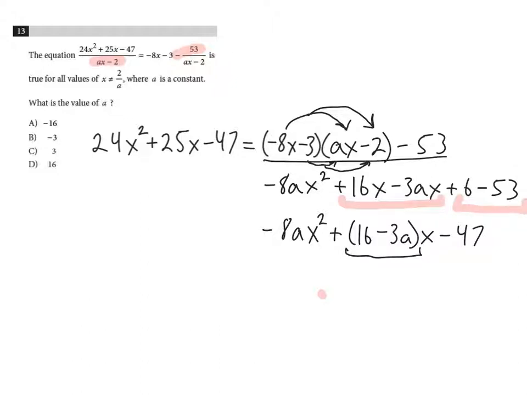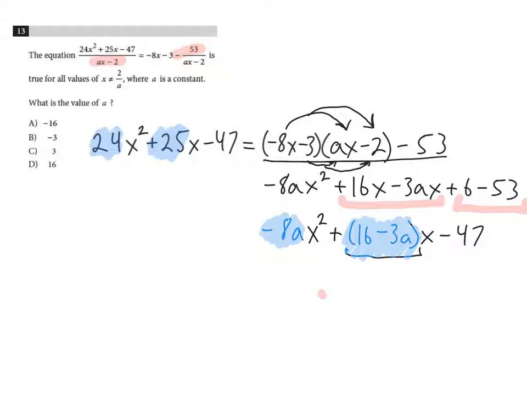Okay, so let's see. Well, now we know that, oops, did not want that, I want the highlighter. 24 must equal this, and 25 must equal this.